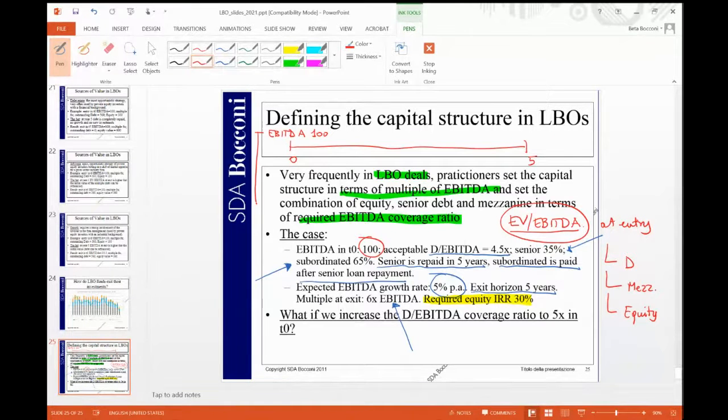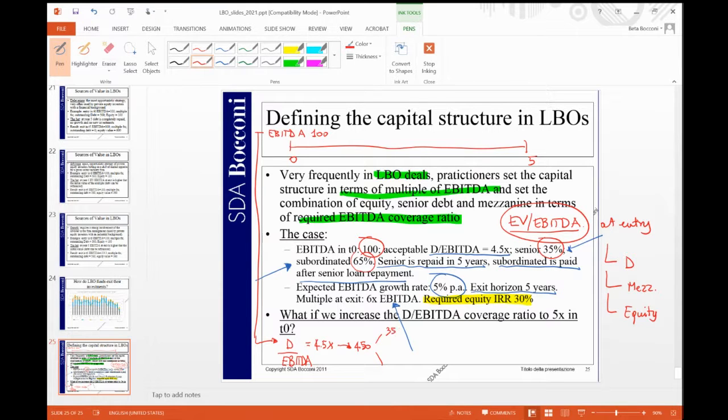We know that in T0, we have the possibility to finance a debt over EBITDA of 4.5 times. So we know that we can collect debt for 450, 4.5 times 100, and we know that there is a split in T0 in 35% senior here and 65% mezz.